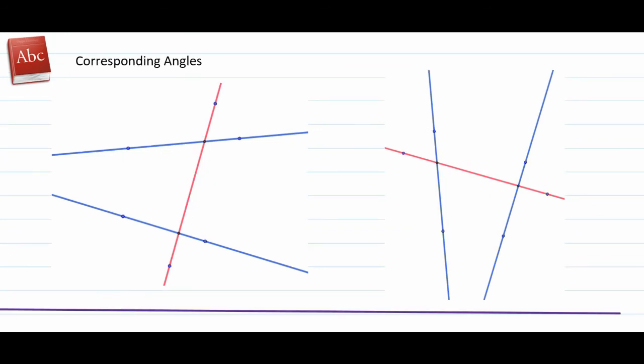And we have one more set of angles that we refer to in pairs. This can be a little harder to see. These are called the corresponding angles. And for these ones, we are allowed to go outside the blue lines. So this is the first pair that are called corresponding. These two together, they correspond with each other.